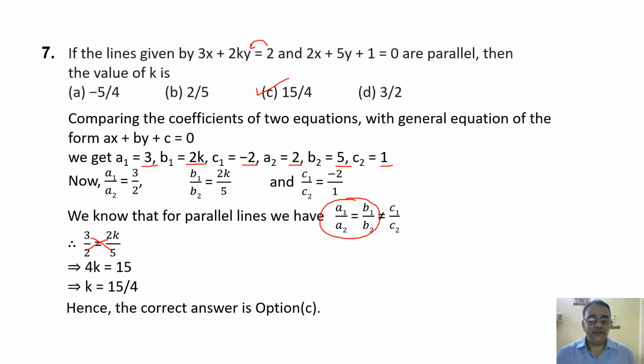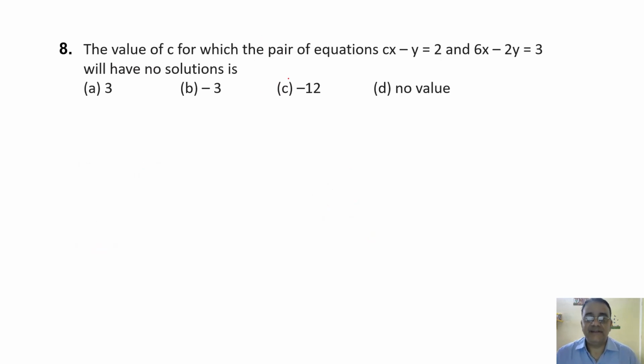Now we are moving toward question number 8. The value of c for which the pair of equations cx minus y is equal to 2 and 6x minus 2y is equal to 3 will have no solutions. No solutions, again parallel lines. So the same condition: a1 upon a2 is equal to b1 upon b2 is not equal to c1 upon c2.